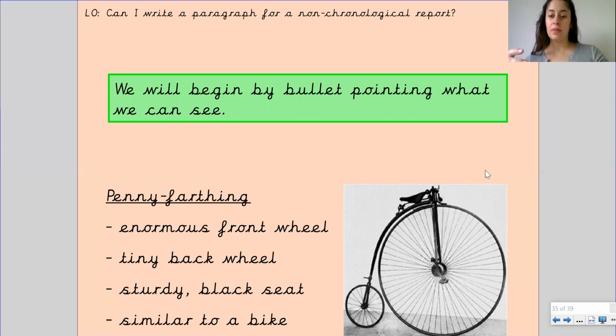It looks like it's quite stable where it's placed. So sturdy black seat. And it also looks similar to a bike. Is there anything in addition that you noticed about how the penny farthing looks? Well, it does also have two pedals installed on the front wheels. And you could also talk about these metal divides that go across the front and back wheel.